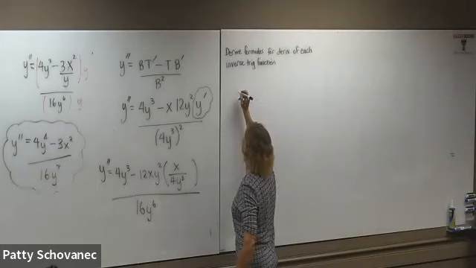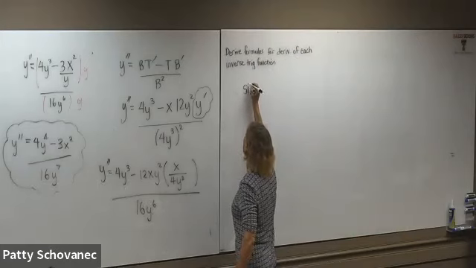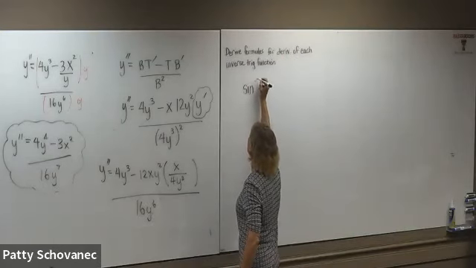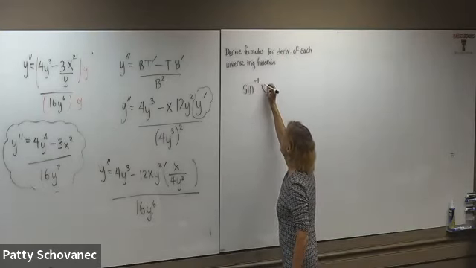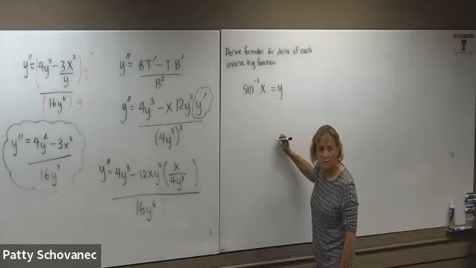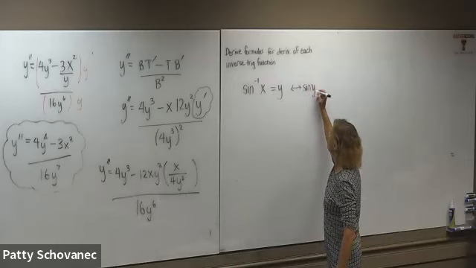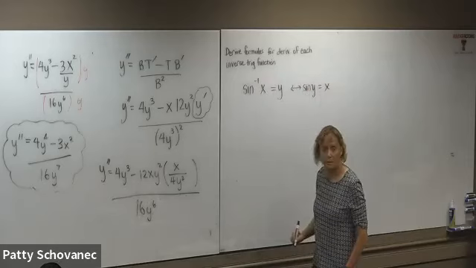And remember how we defined our inverse trig functions. We said the inverse sine of an angle or of a number is an angle that we take the sine of to get that number.